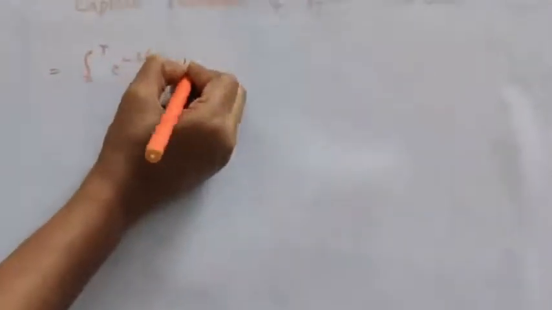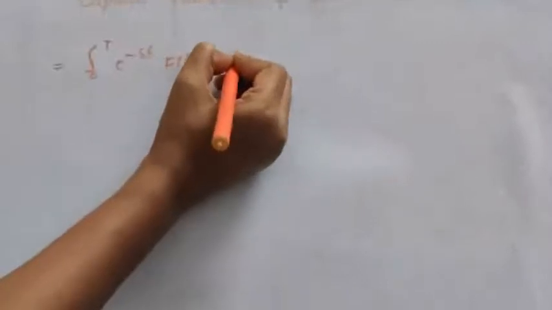Now we write the function in terms of t instead of u. So what you will get here: integral 0 to T of e power minus st f of t dt. This is the first term like that only. In the other terms, in place of f of u we write the function in terms of t.